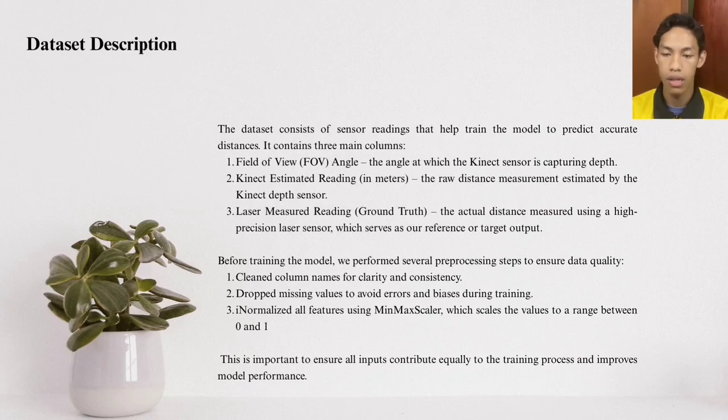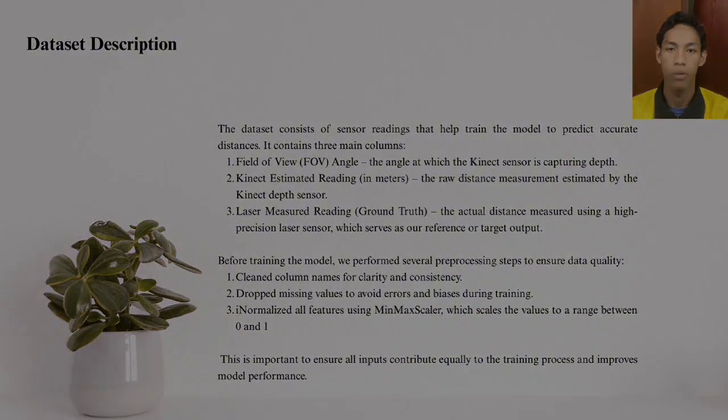And the last one is we normalize all features using min-max scaler, which scales the values to a range between 0 and 1. This is important because we have to ensure all the inputs contribute equally to the training process and improve model performance for both model 1 and model 2.